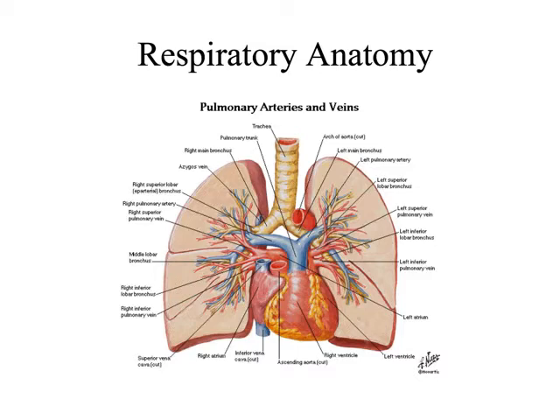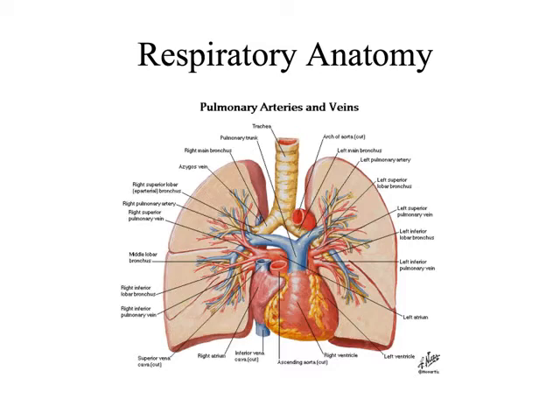So, looking a little bit more in depth at how vascularization works alongside those bronchioles, because each one of these branches of the bronchus is highly vascularized, we'll be able to identify arteries and veins running parallel to them.